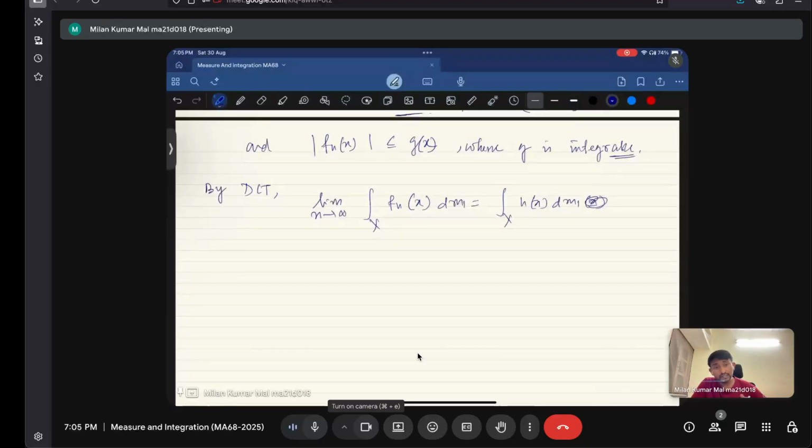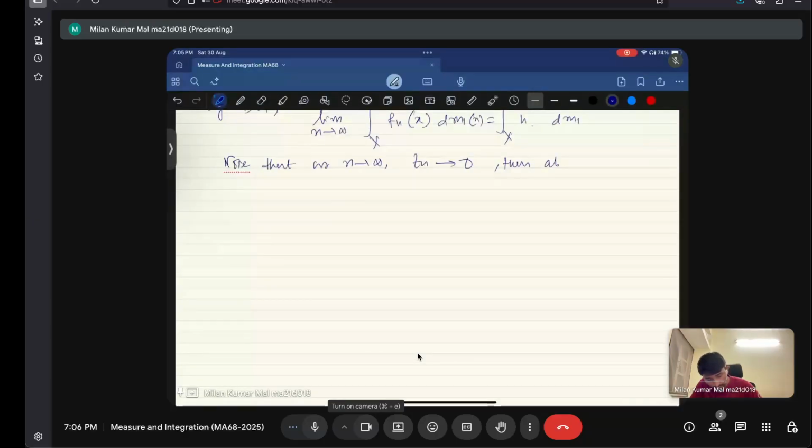But note that as n tends to infinity, Tn tends to 0, then the above equality is equivalent to limit t tends to 0 of integration over x of f(x,t) dm1(x) equals integration over x of h dm1.